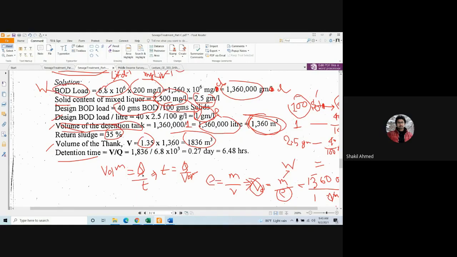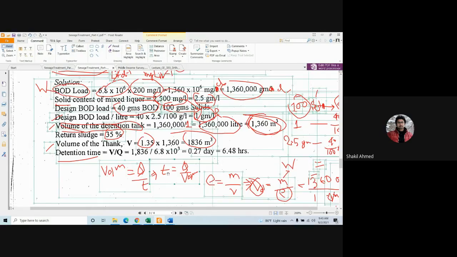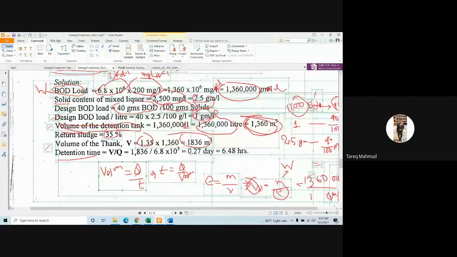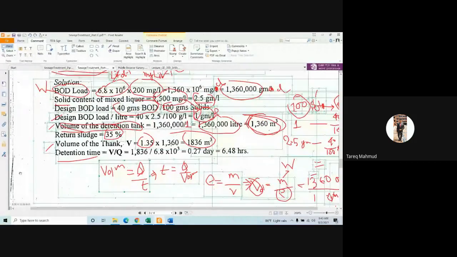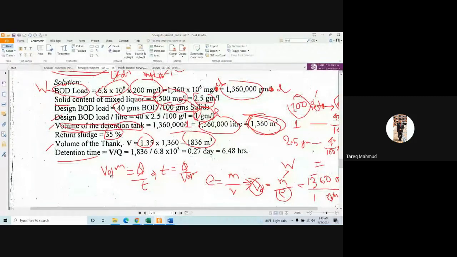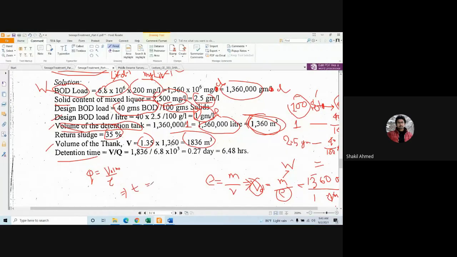Sorry, I made a mistake. Okay, so Q equals volume by time, right? So T equals volume by Q. So this is volume, this is Q.